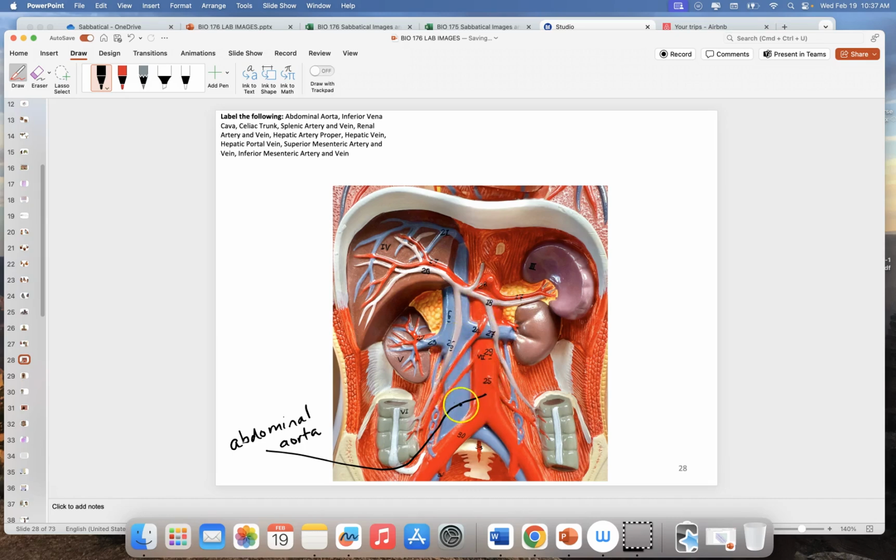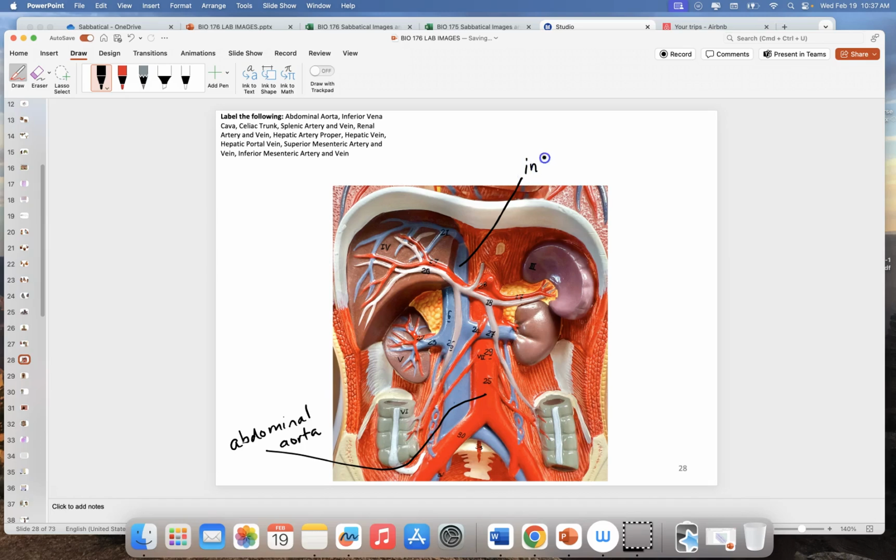Then we have the inferior vena cava right here. Same, we see lots of different branches coming off of that inferior vena cava. Let's go ahead and draw a line up here.